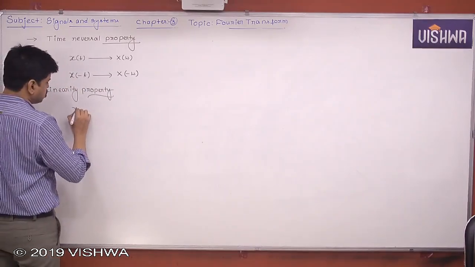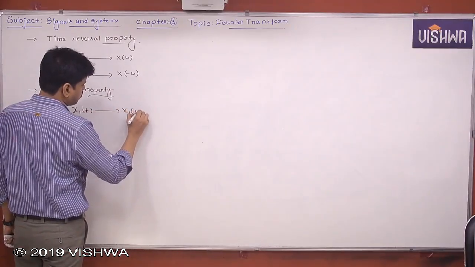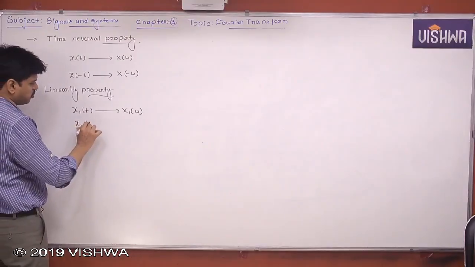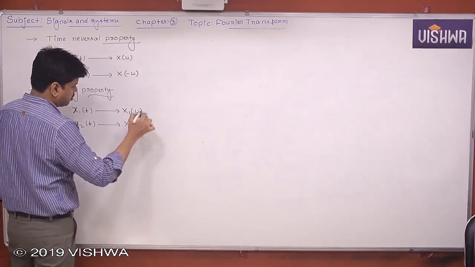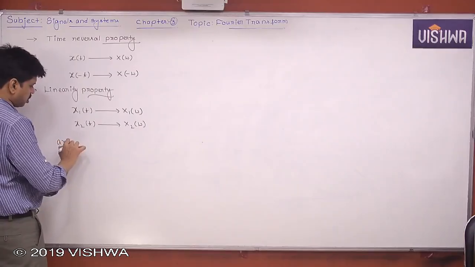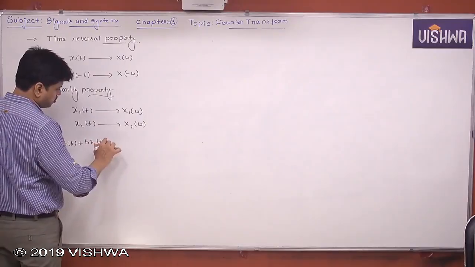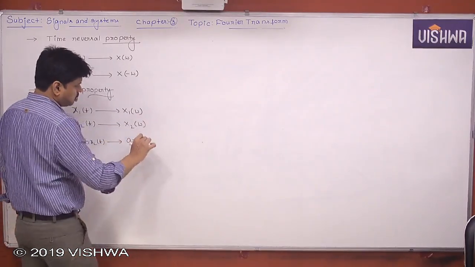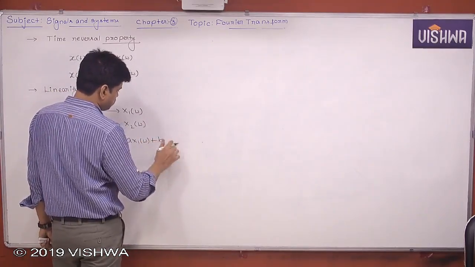Suppose there are two signals, one is x1 of t having Fourier transform x1 of omega, and another signal x2 of t having Fourier transform x2 of omega, then a x1 of t plus b x2 of t has Fourier transform a x1 of omega plus b x2 of omega.